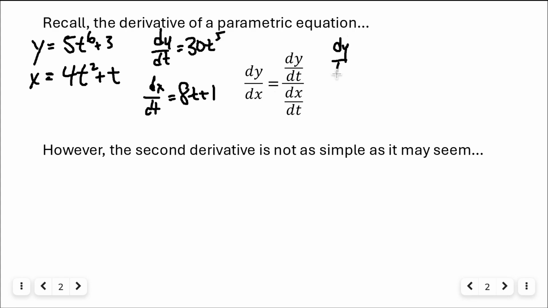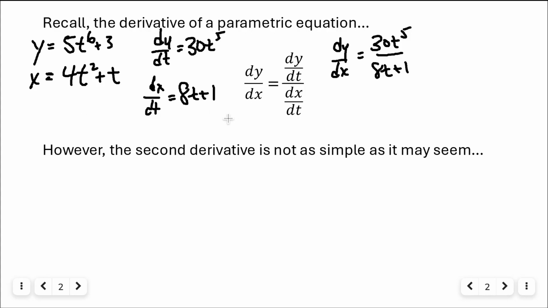And then dy/dx would be dy/dt divided by dx/dt. So that would be 30t to the 5th over 8t plus 1. That would be my first derivative of this set of parametric equations.